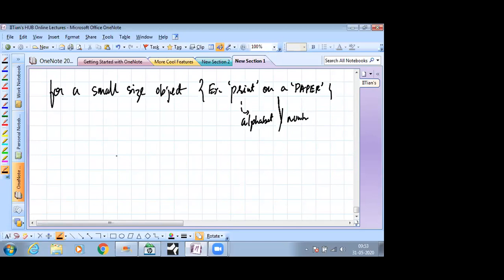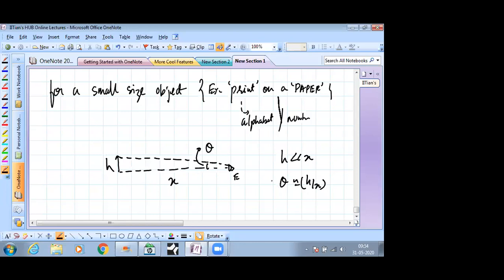So it's a very small size object in that sense, compared to the distance at which you are keeping it from the eye. So this is where your eye lens is. So that height of the object is very small compared to the distance at which you are keeping it. Then the angular size becomes approximately equal to h by x. So tan theta. We're using theta is approximately tan theta.